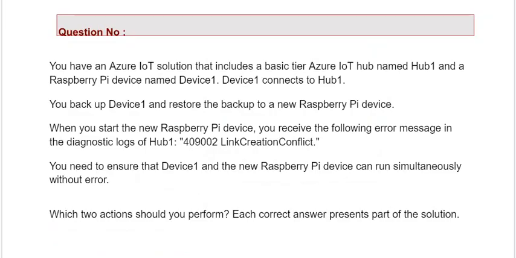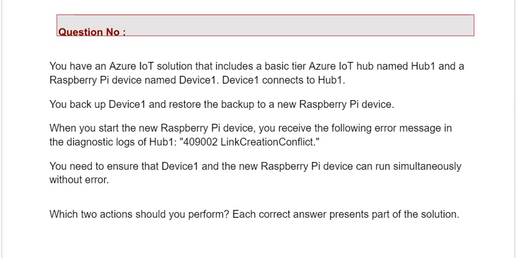Next question is, you have an Azure IoT solution that includes a basic tier Azure IoT hub named Hub 1 and a Raspberry Pi device named Device 1. Device 1 connects to Hub 1. You back up Device 1 and restore the backup to a new Raspberry Pi device.